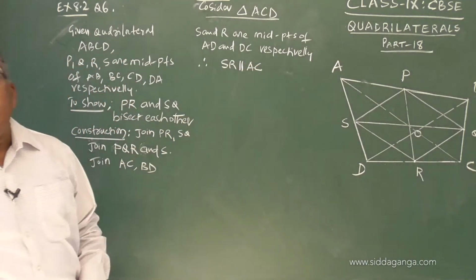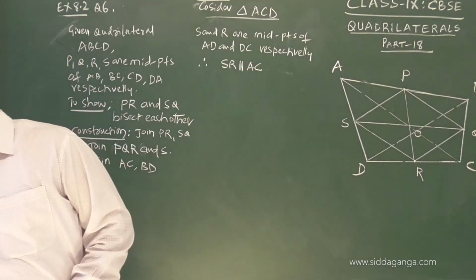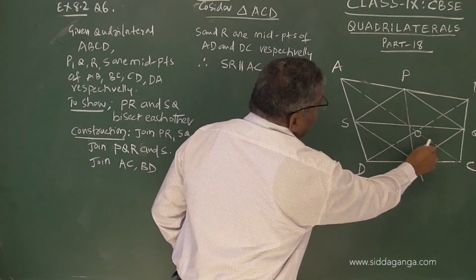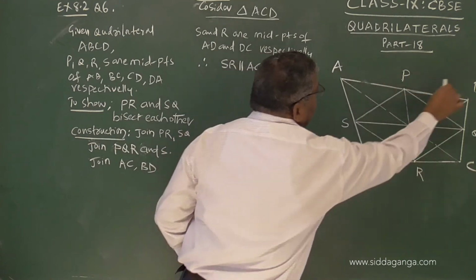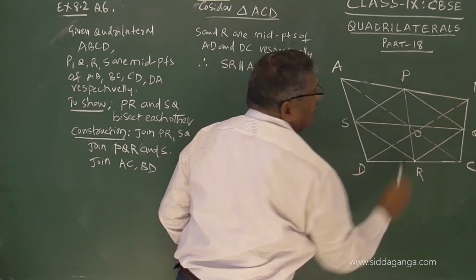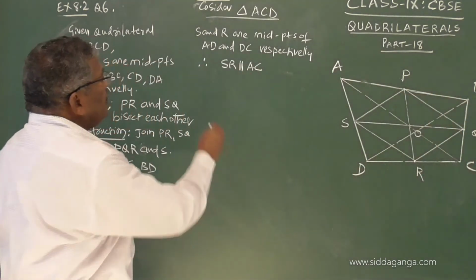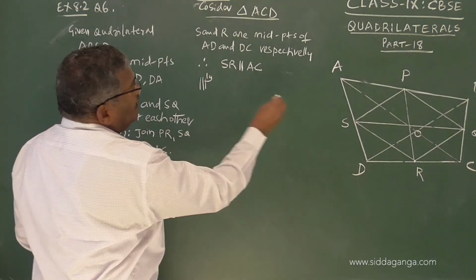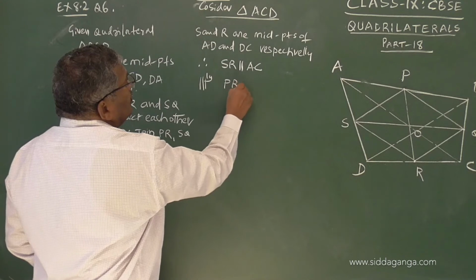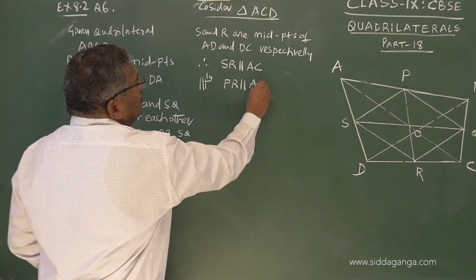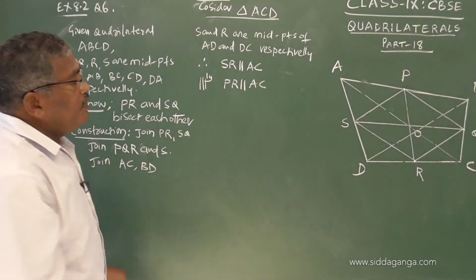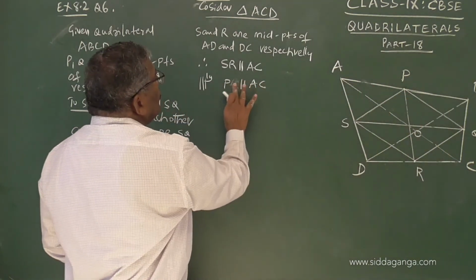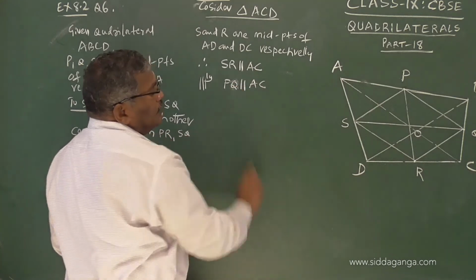Now, if I take up the ABC triangle, this upper triangle, similarly we can say PQ is parallel to AC.